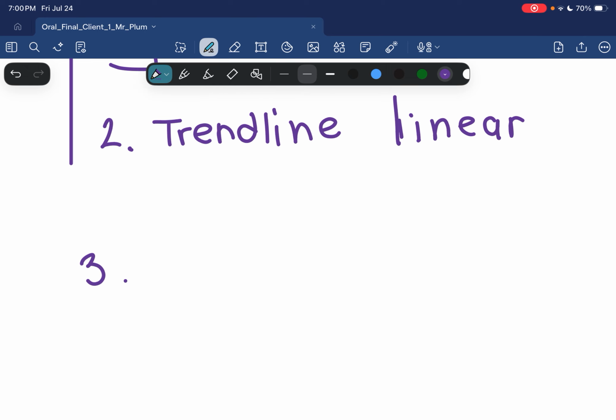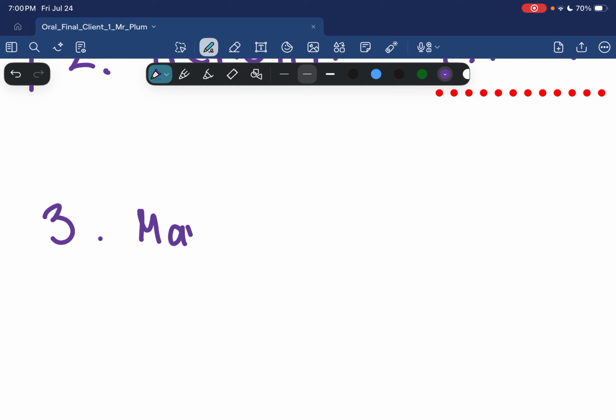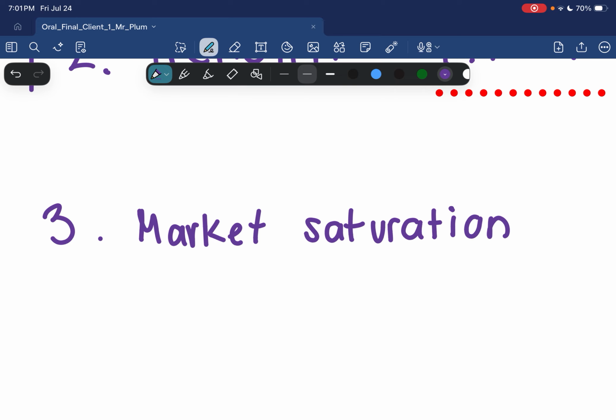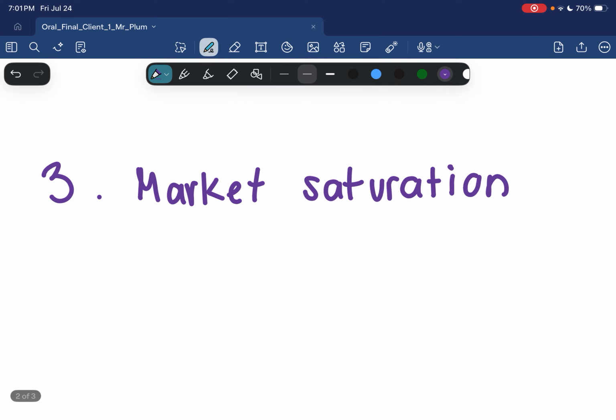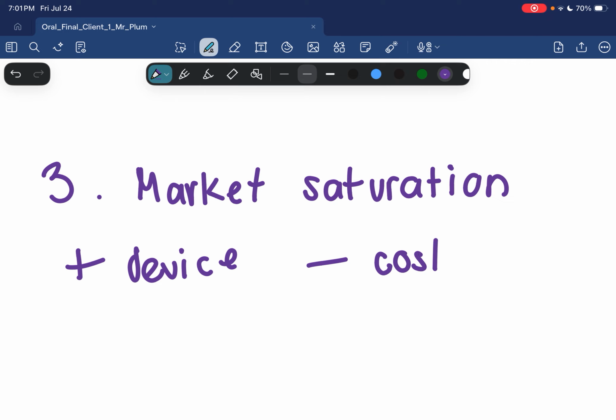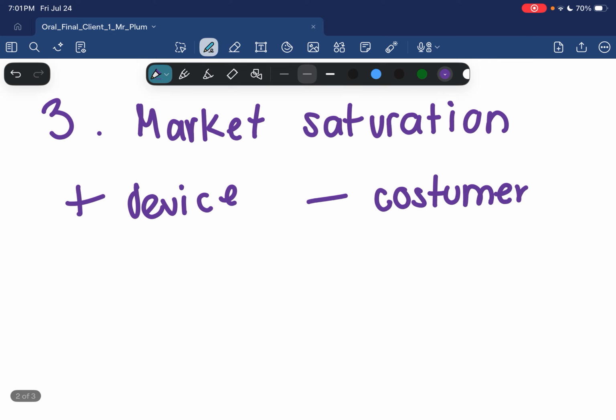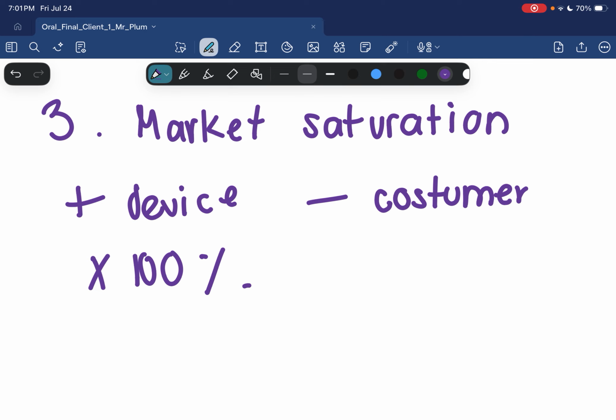A third point that he ignores is market saturation, because as more people purchase the device, fewer potential customers remain, because the market penetration cannot exceed 100%.